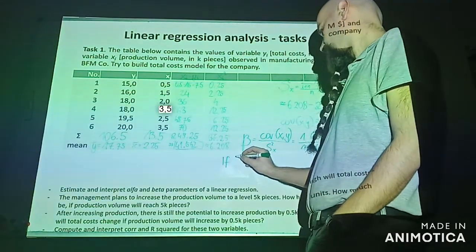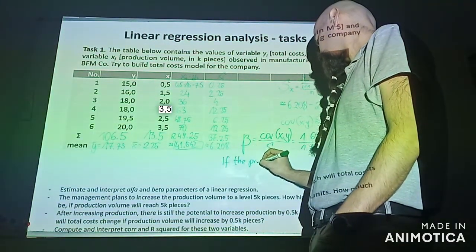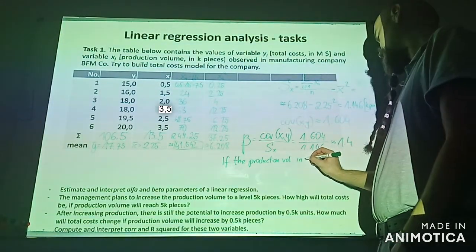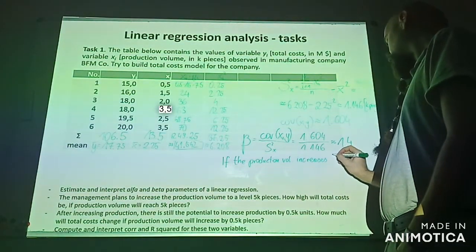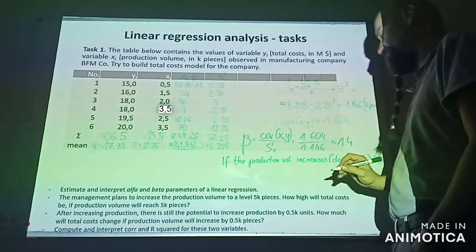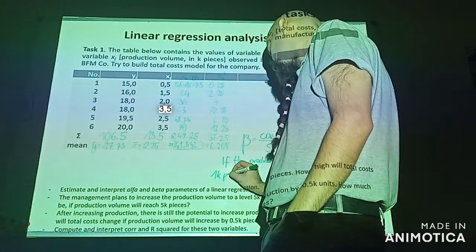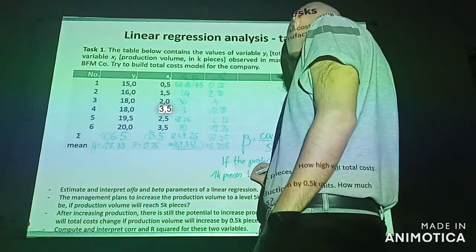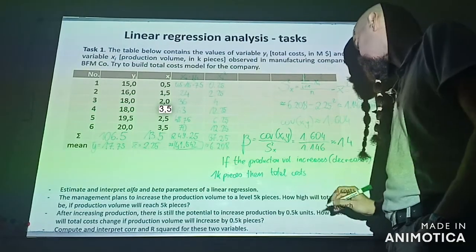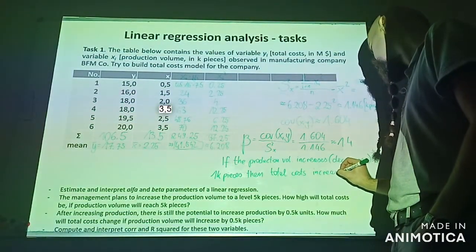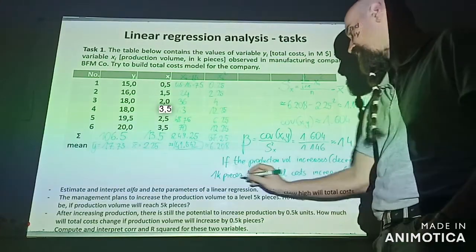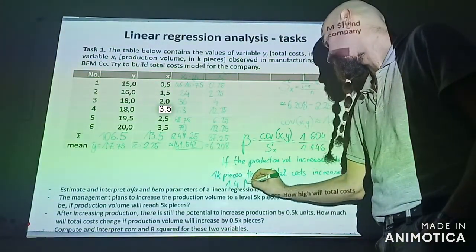If the production volume increases or decreases by 1000 pieces, then total costs increase or decrease by $1.4 million.